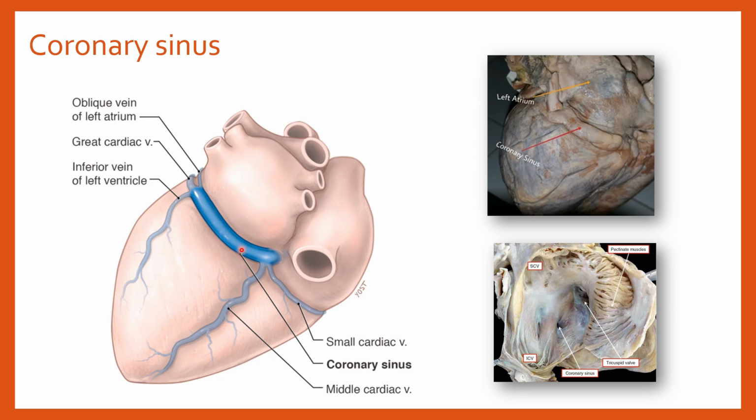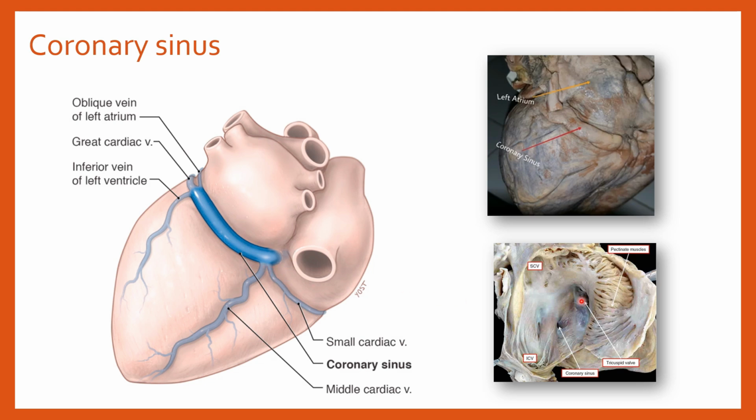Here it is accompanied by the anastomosis between the right and left coronary arteries. This sinus ends in the sinus venarum, that is the posterior wall of the right atrium, between the opening of the inferior vena cava and the right atrioventricular orifice.